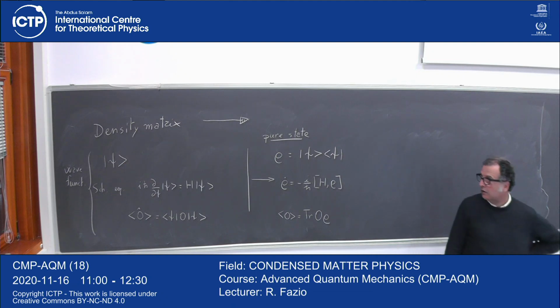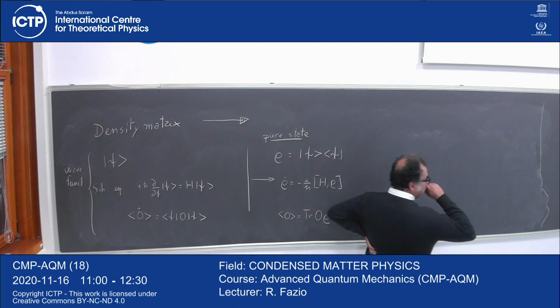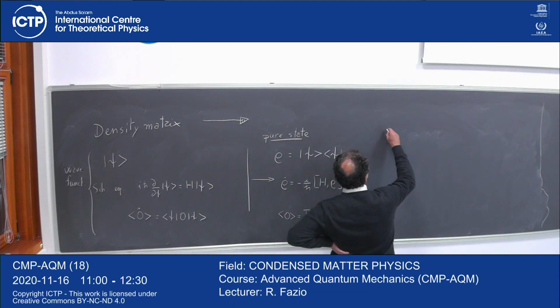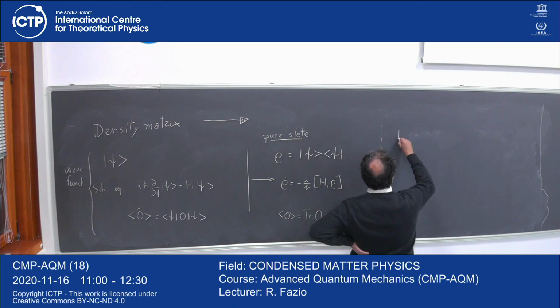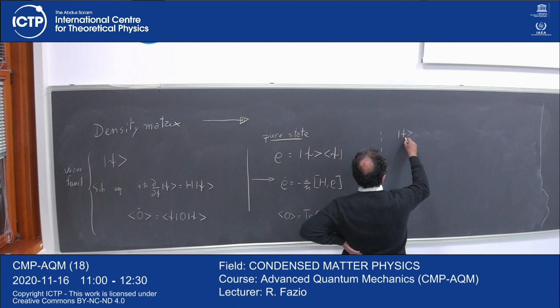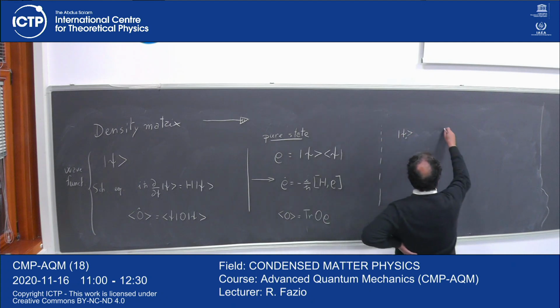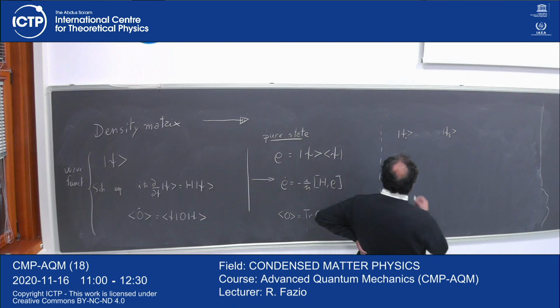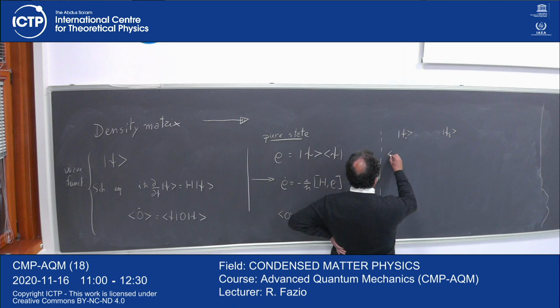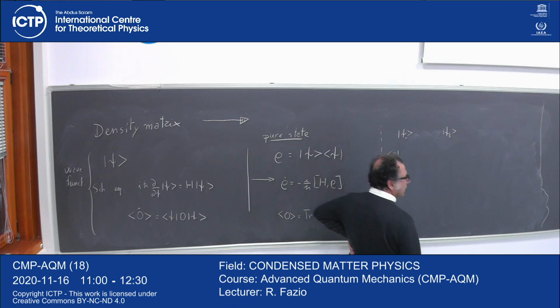Very good. So let me make the following example. Suppose that I have a system which can be in the state psi 0 and it can be in the state psi 1. And then I want to know what is the probability that I find it in position x.